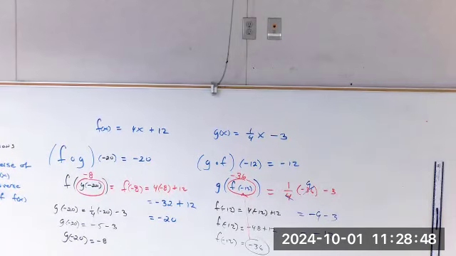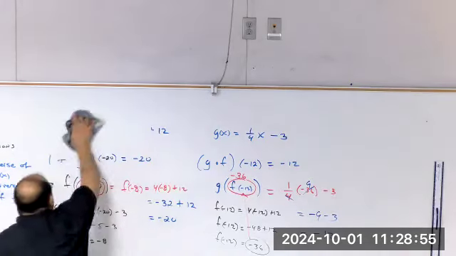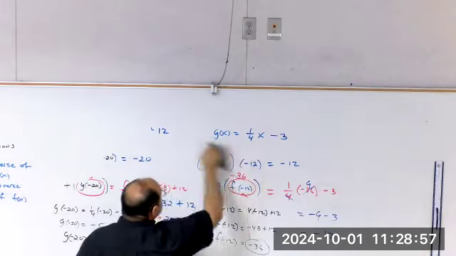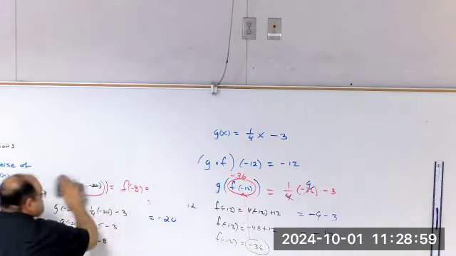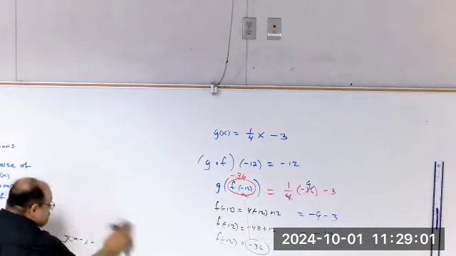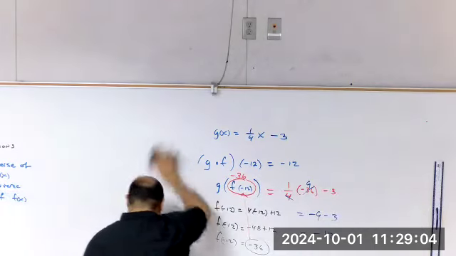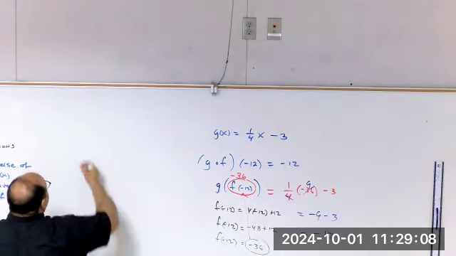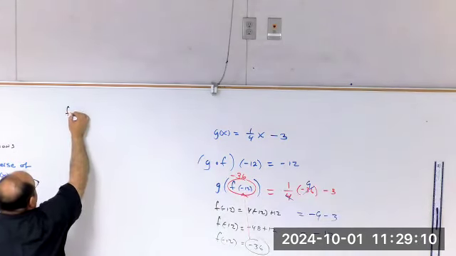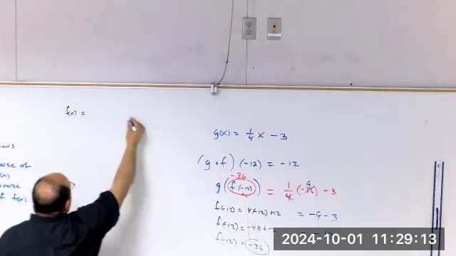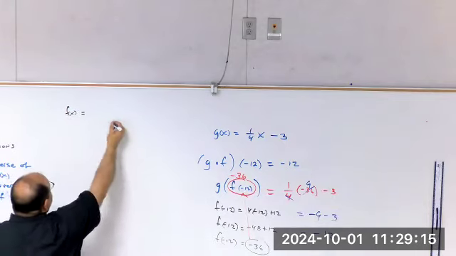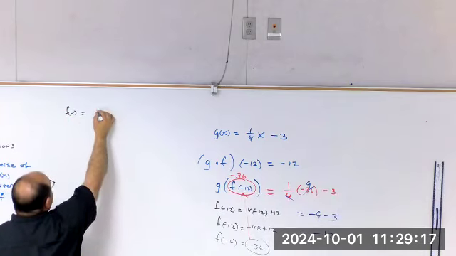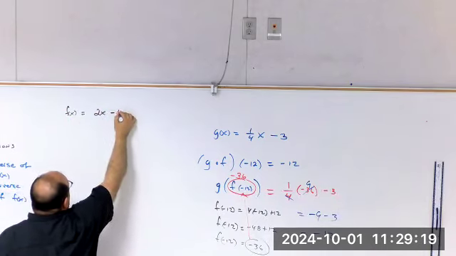So let me show you how I got these two functions. It is 3 steps. I came up with that one over there. Let's go with f of x equals, let's just do something like 2x minus 5.